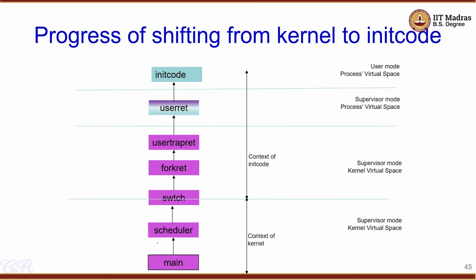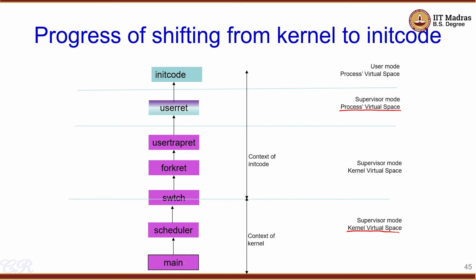Besides that, we also capture the two different virtual address spaces, the kernel's virtual address space and the process's virtual address space. The sequence of function calls is as follows.